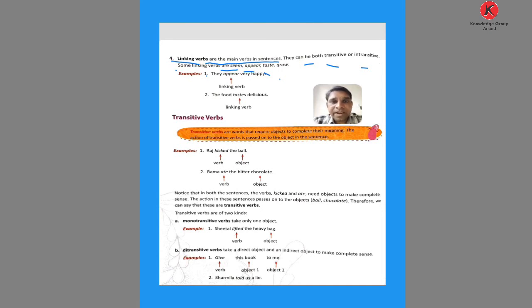Means the link, connection. Example: They appear very happy. So appear is the link with whom? Link with the subject, linking verb. The food tastes delicious, linking with the food. Without this verb, we cannot say this is the linking verb.